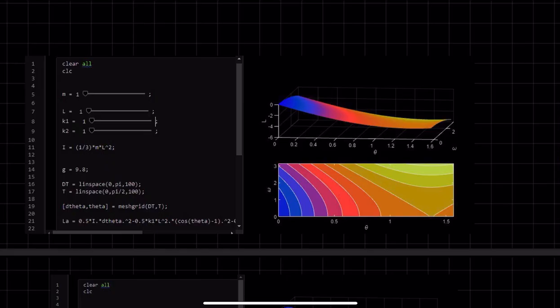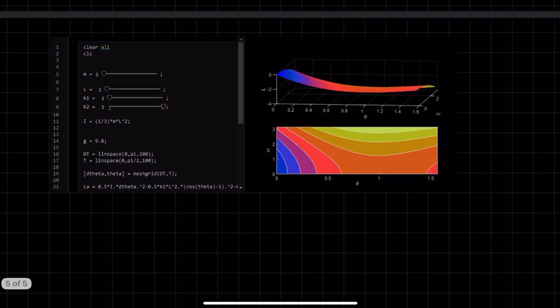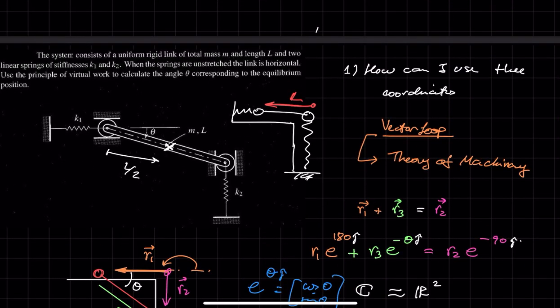So, as we know, when theta is 0 and omega obviously is 0, you're going to go downward like this and reach that point, that bright point, when M, L, K1 and K2 are all 1. But what happens if I change the rigidity, or the stiffness, of K2 like this, when its position is stronger?